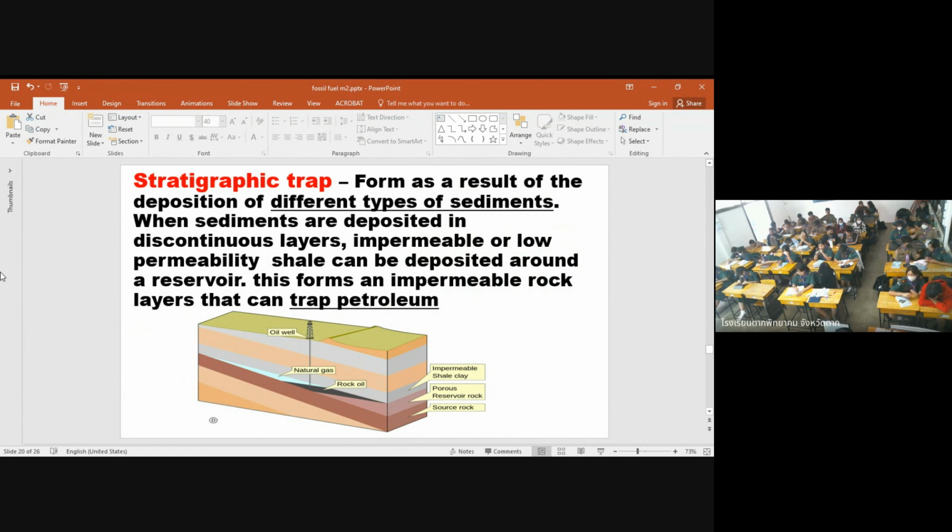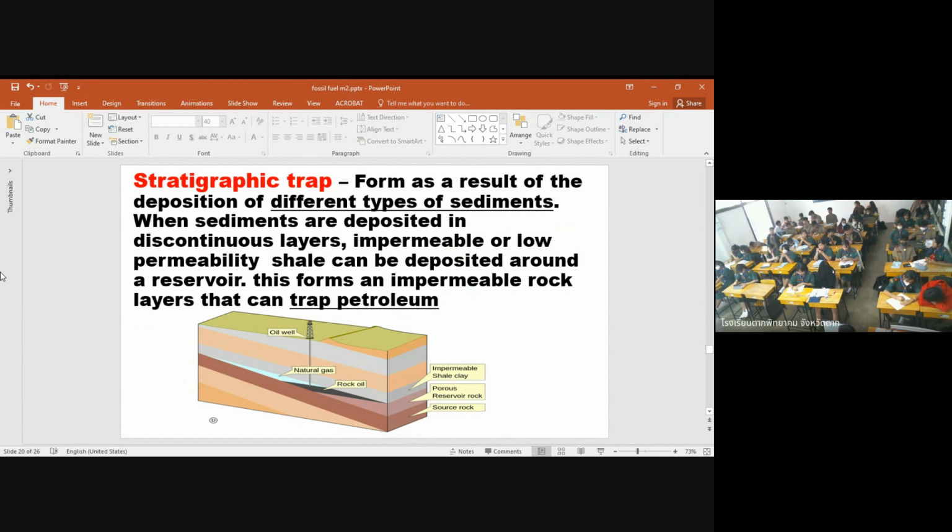This one is the layer of your stratigraphic trap. If you look at this one, this is your natural gas, and down here is your rock oil.